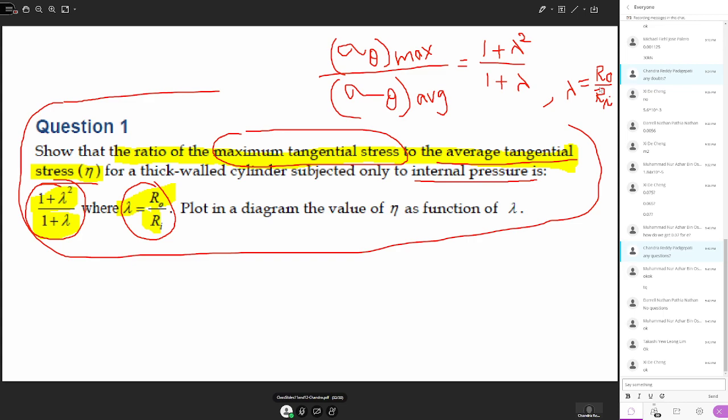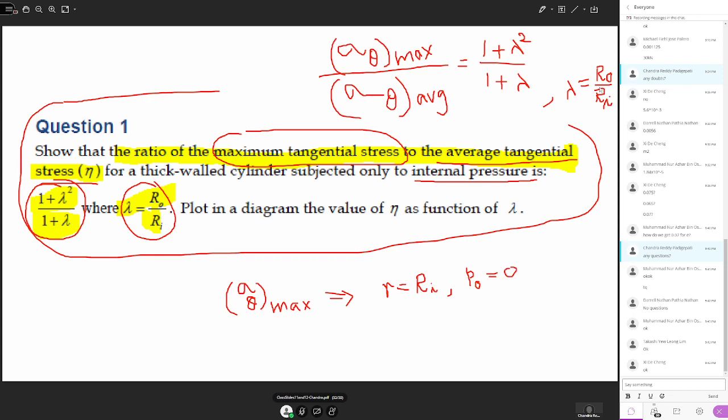The maximum tangential stress, sigma theta maximum, occurs, of course, at the inner radius, where the variable r is equal to the inner radius, and also when the outer pressure is zero.